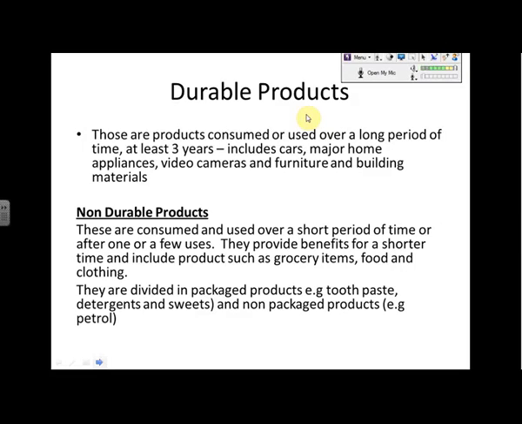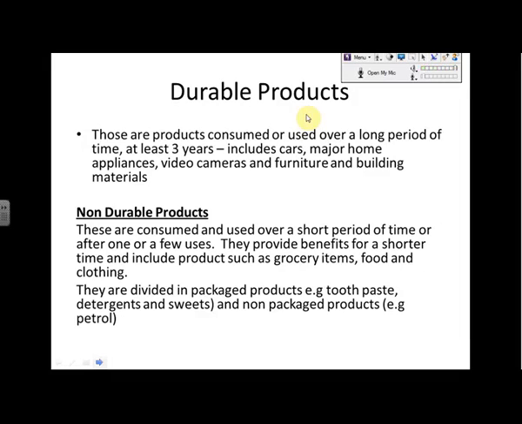They provide benefits for a shorter time and include products such as grocery. Those are items that are considered perishable. You buy them, you have to use them within a week, within a month, if ever they are going to last longer. They are divided into packaged products, for example, toothpaste, detergents and sweets, and also non-packaged products, for example, petrol.